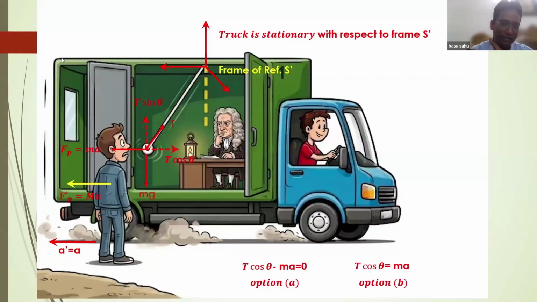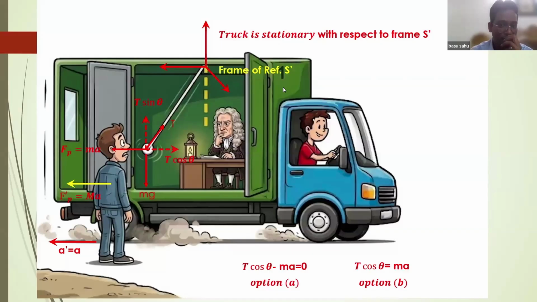It doesn't mean that the particular truck we are assuming as a frame of reference is all there is. If you take some part of this truck, then also you have to apply pseudo force, because you have chosen some system here.